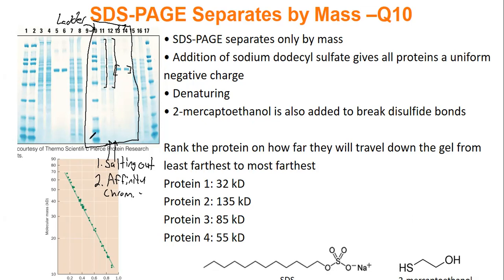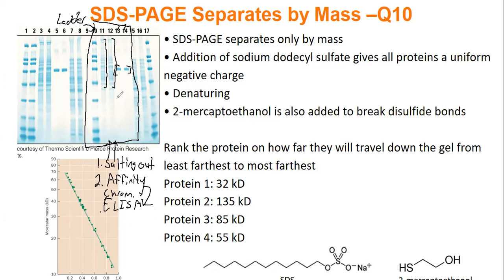And then what you could do is you could do ELISA. So the sample from affinity chromatography, you just showed on a page gel, there's only one protein in it. You could then send that same sample to ELISA and say, okay, is this protein that's in this gel my protein? And ELISA could confirm that for you.